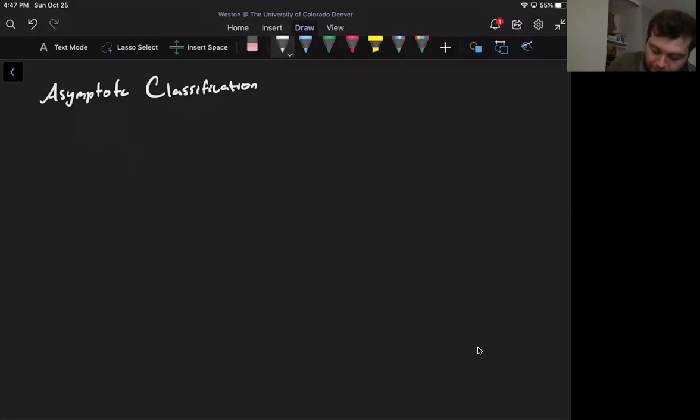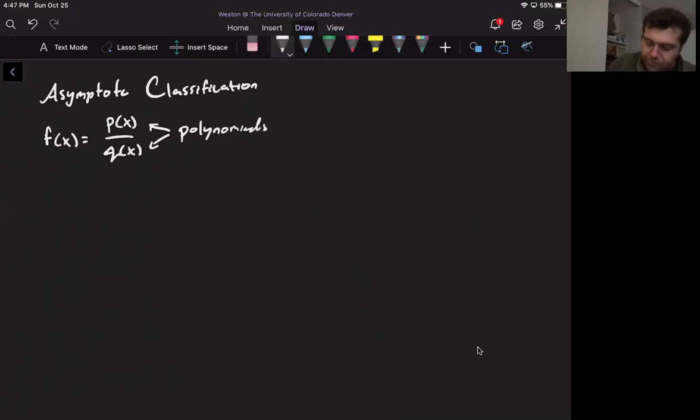So say we have f of x equals p of x over q of x, so it's a rational function, where these two are polynomials. We'll say that the degree of p and the degree of q equal n for one, m for the other.